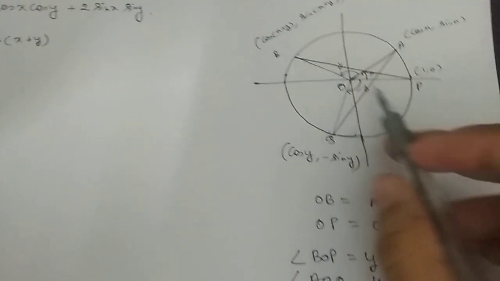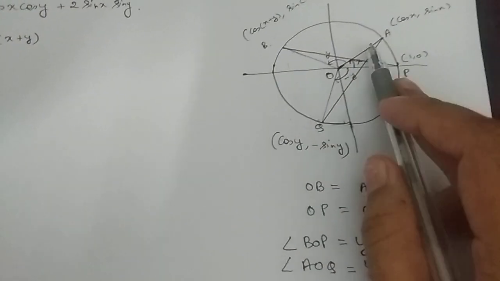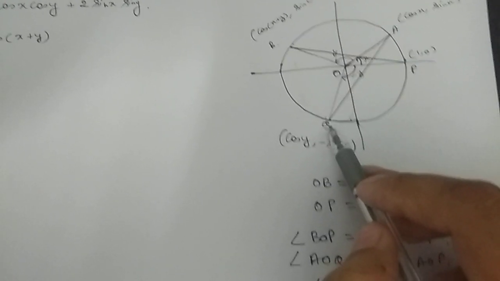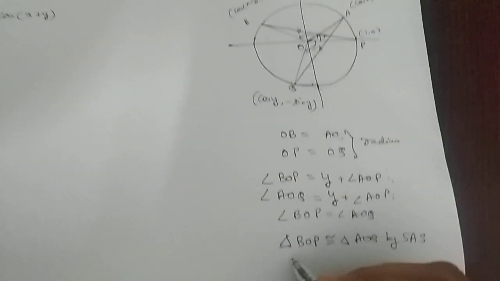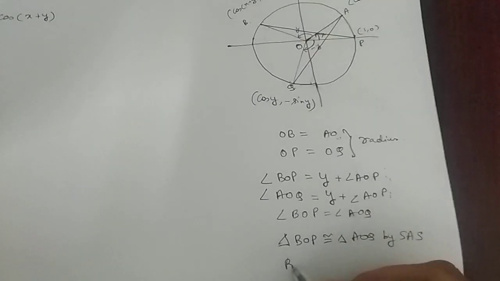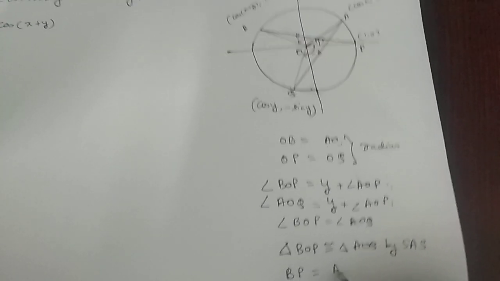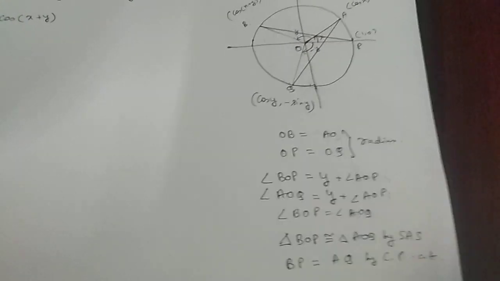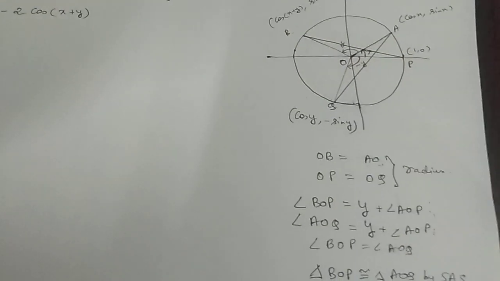Hence, the length BP and the length AQ will be equal by CPCT. So we can write length BP is equal to length AQ by CPCT, the property of congruent triangles.